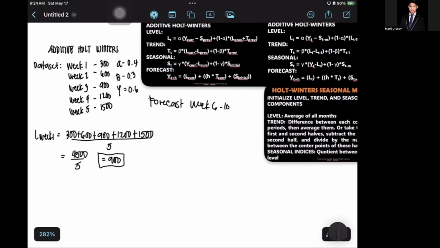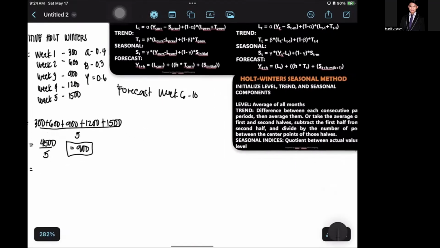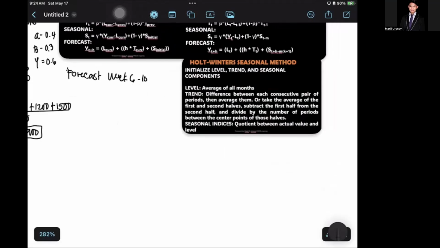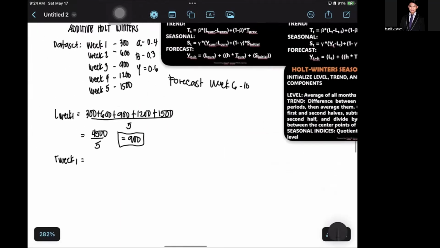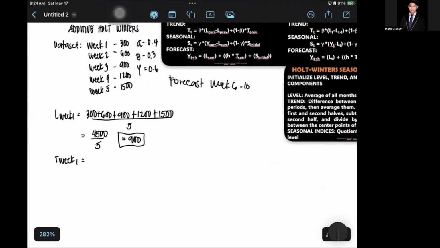Now, what about the trend for week 1, which is the initialization? So for initialization, there is a specific difference between each consecutive pair of periods, or the average of the first half. I mean, you will get the first half average, then the second half. So when we say first half, for example, 300 plus 600 plus 900 divided by 3.